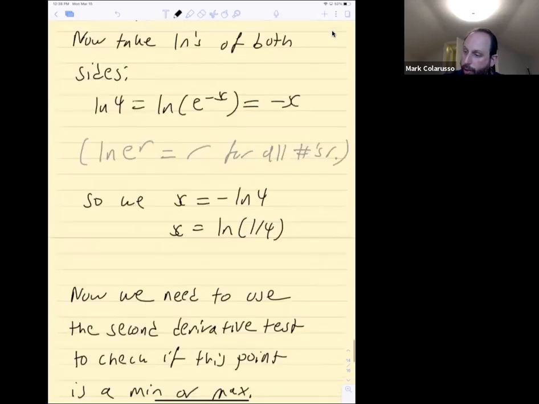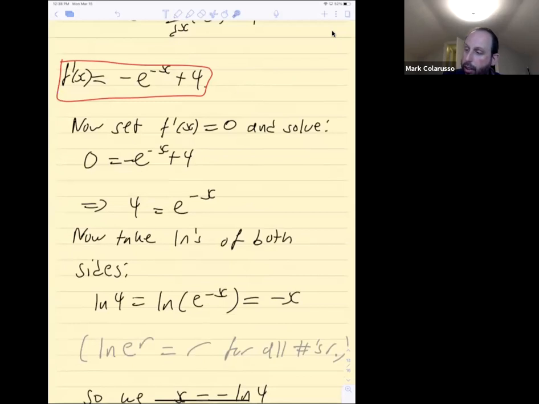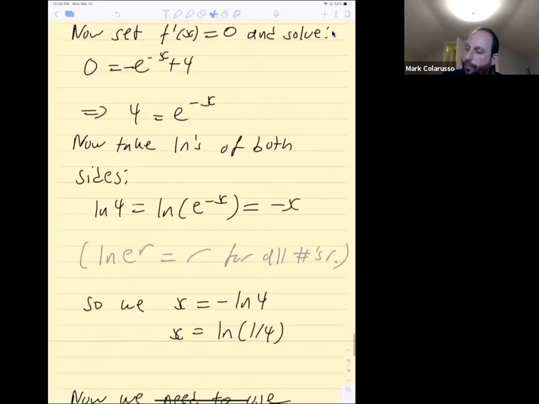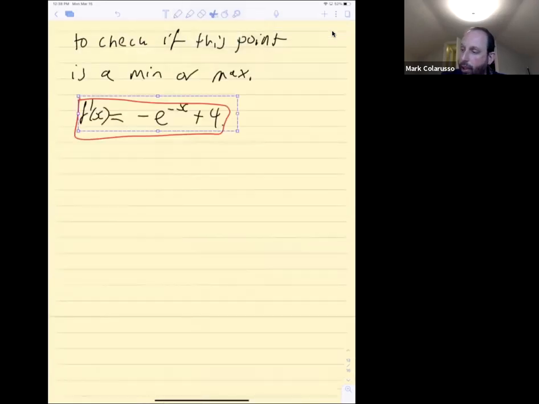So where is this first derivative? I need to bring this back downstairs here. Okay, I'll erase the red box.